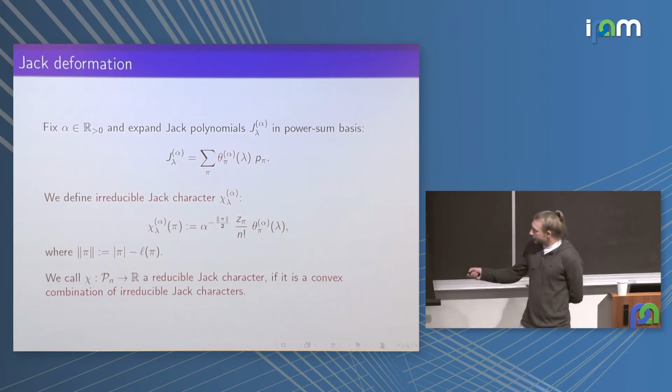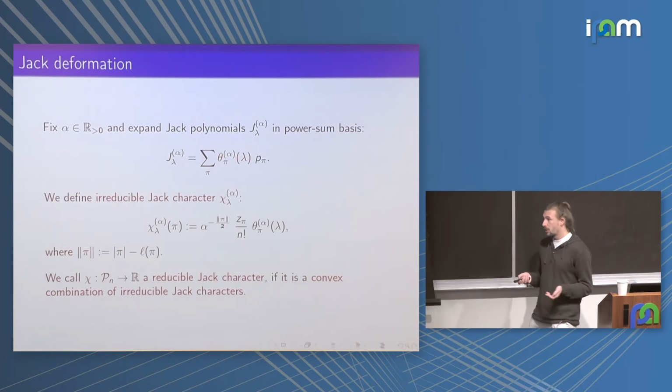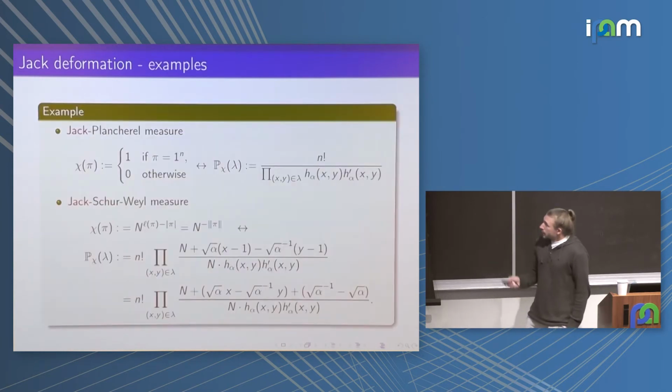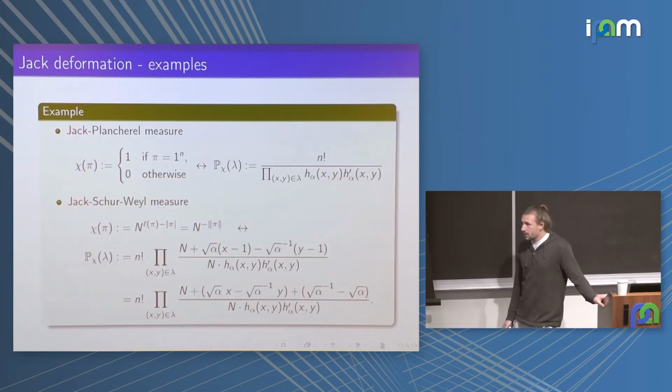So if we fix alpha and define these irreducible Jack characters, there is a one-to-one correspondence between random Young diagrams of size n and irreducible Jack characters. So we can define one-parameter deformations of some measures. Here we have exactly the same examples as before.